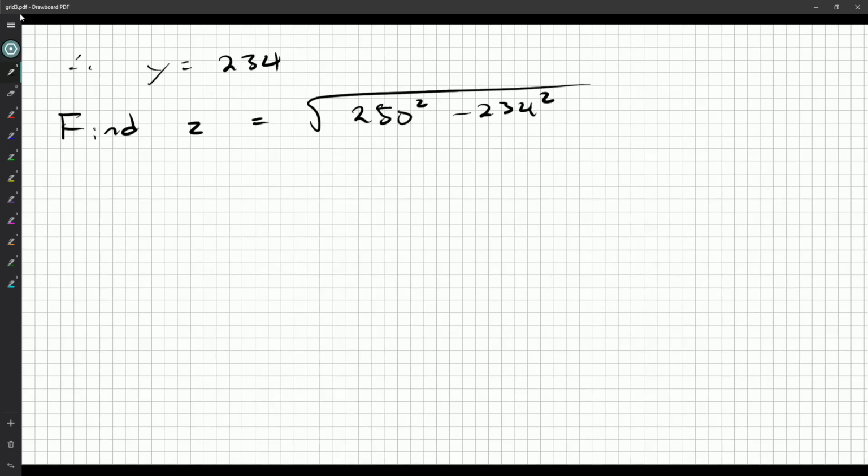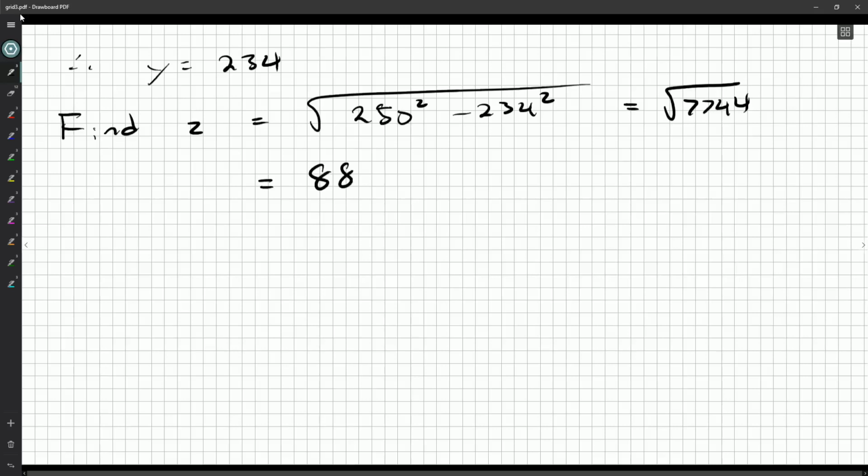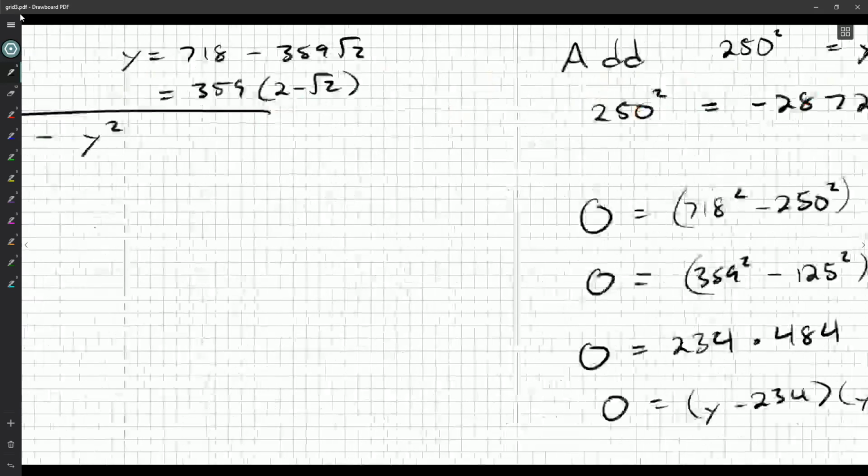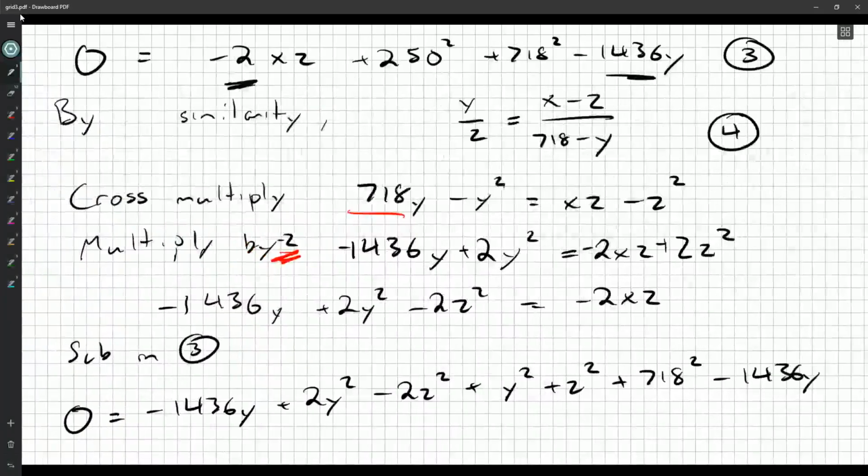250 squared minus 234 squared is 7744, and I feel like that's a square of something like 48 or something like that. Square root of 7744 is 88. Okay. So z is 88, much better. And now we can use those ratios we had.